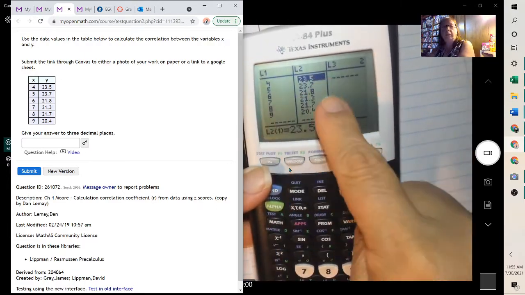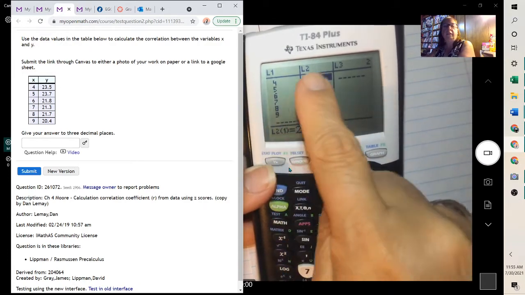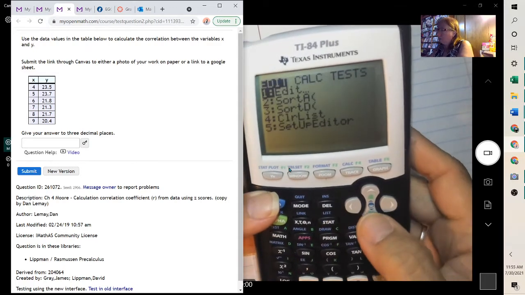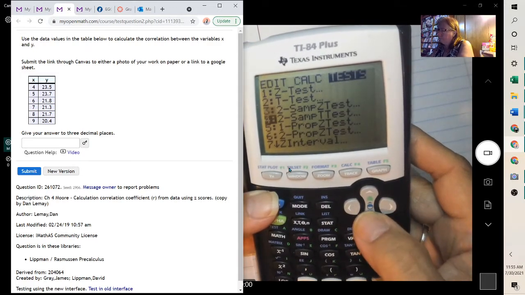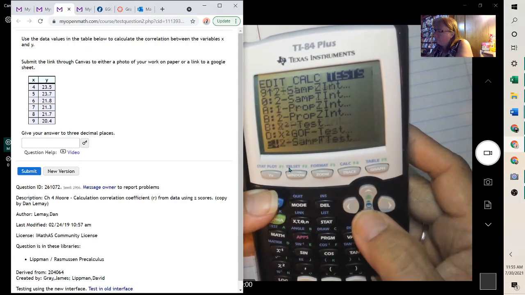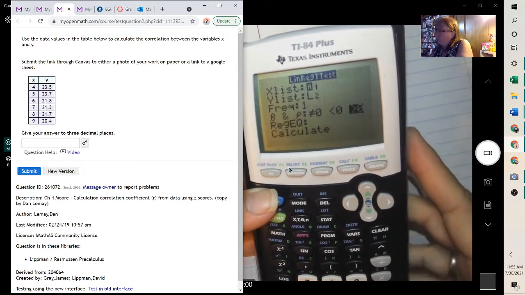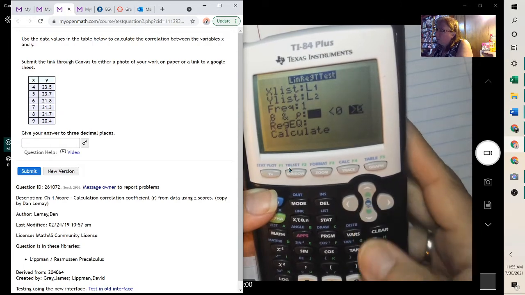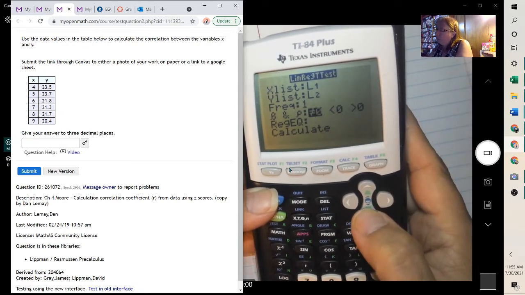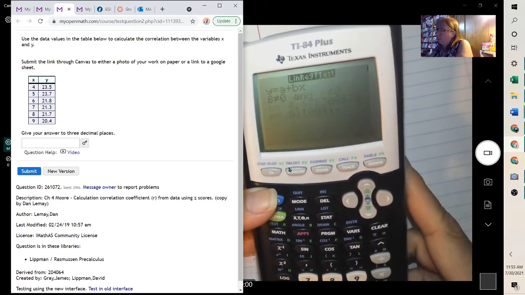I just wanted to show you that I plugged the numbers already in. Linear regression, I would test not equal to, because we're showing that it's away from the line. And then we hit calculate.